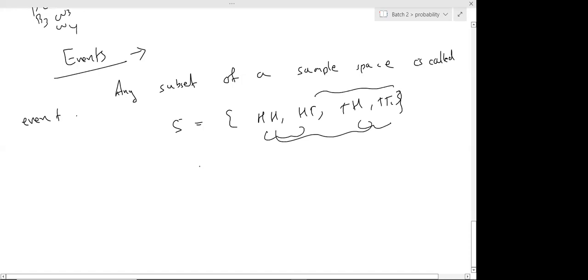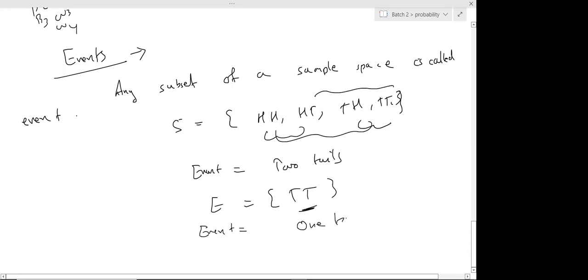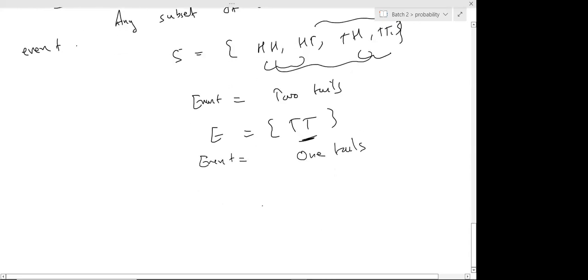Suppose I say the event is 2 tails, then E will be TT only, one element, one sample point. If you take the event as 1 tail, then the event will be HT or TH. So you have 2 elements here. So an event is any subset of this sample space. Note it down.